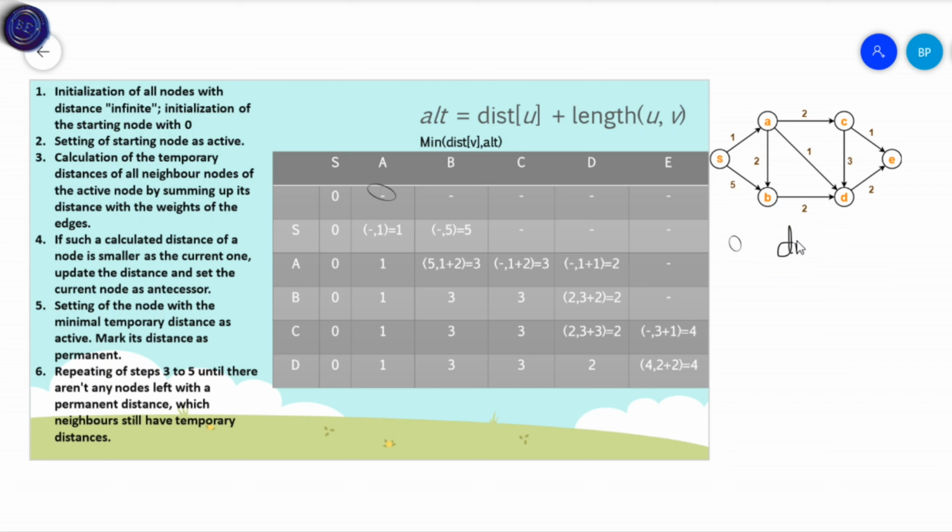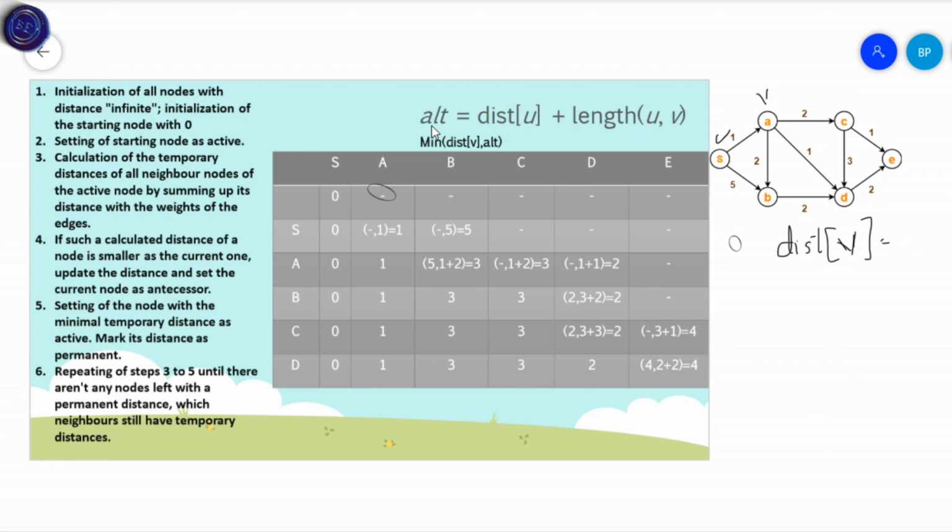What is the actual distance of A? A is represented in the form of V, as V is the destination vertex and U is the source vertex. From U to V we are going to find the distance.